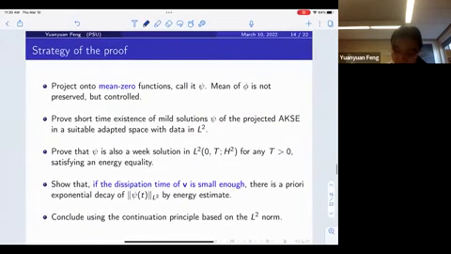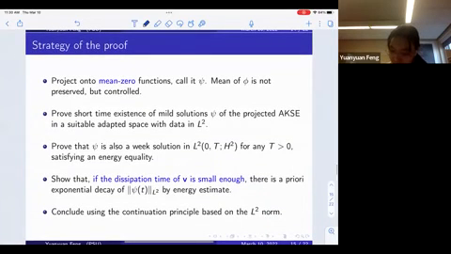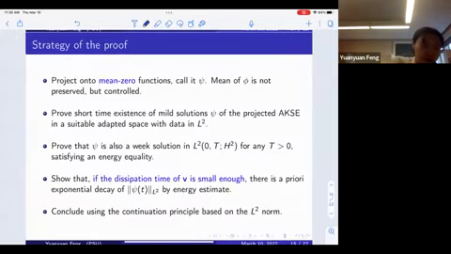Let me briefly introduce the strategy of the proof. To prove the global existence of this system, we first project onto the mean zero functions, call it psi. We can prove the mean of phi is not preserved, but can be controlled.